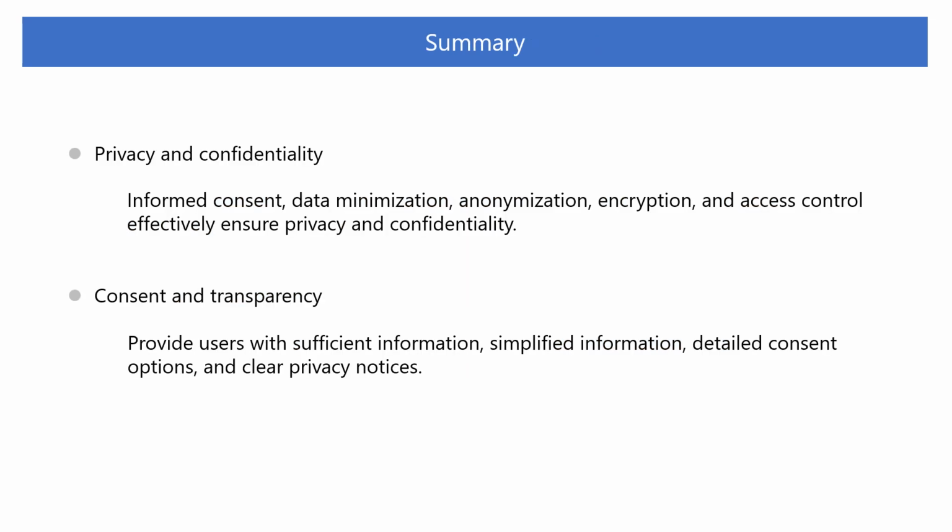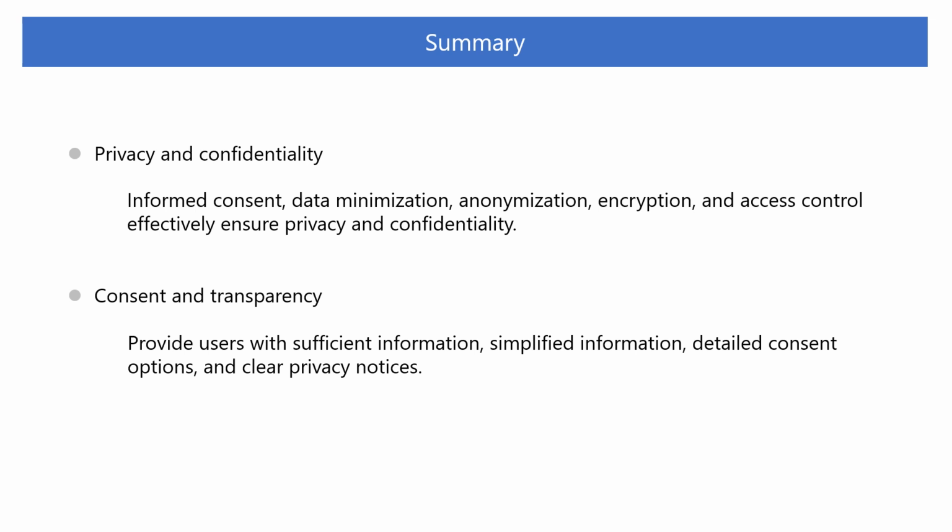In this section, we have discussed ethical considerations in data collection. Privacy and confidentiality are important in ethical data collection. Measures such as informed consent, data minimization, anonymization, encryption, and access control effectively ensure privacy and confidentiality.